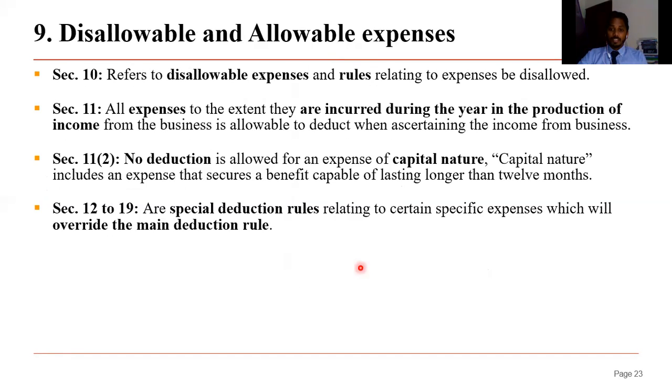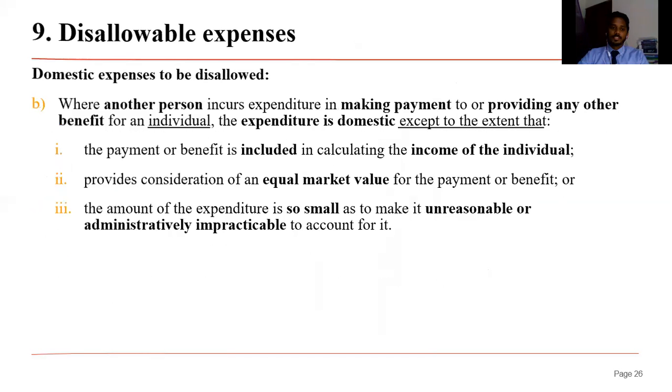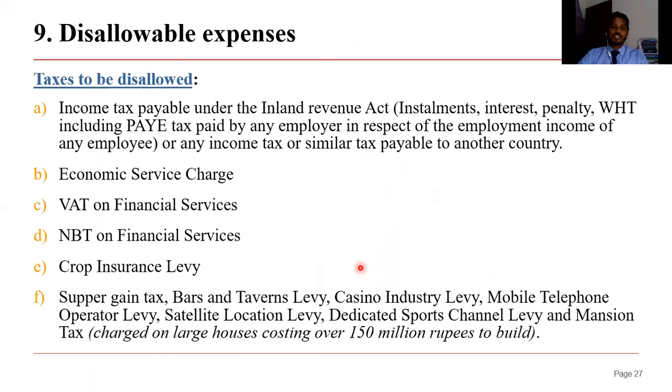And for the disallowable expenses, we discussed domestic expenses and taxes to be disallowed. We will share this with you. Actually, I apologize that I couldn't share the slides today, even though we shared the detailed material. We will share the slides soon after we finish today's session.